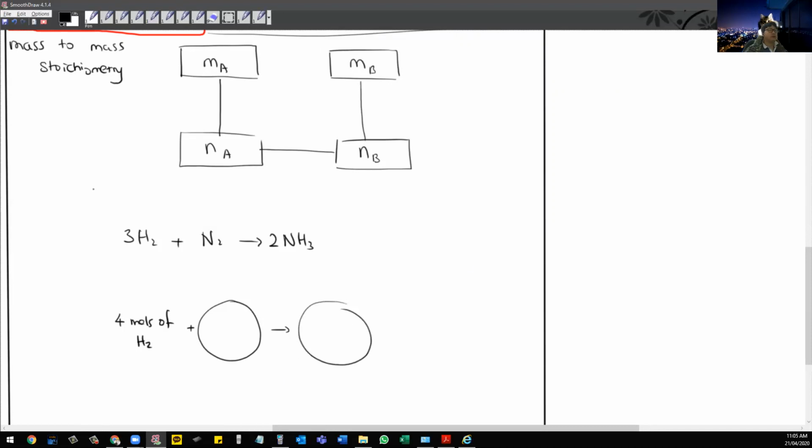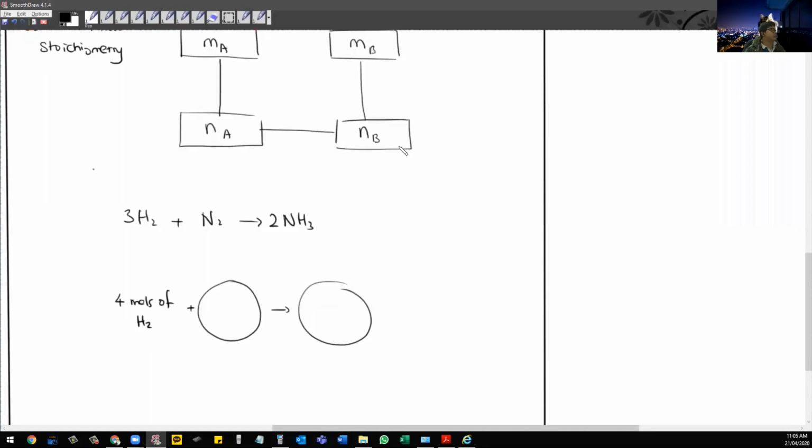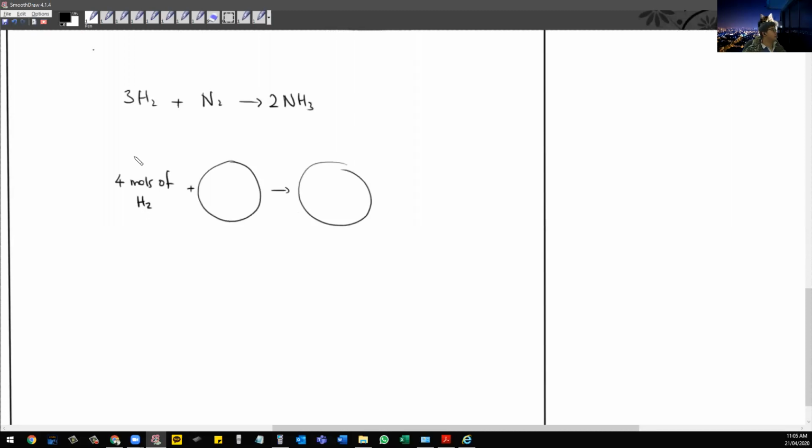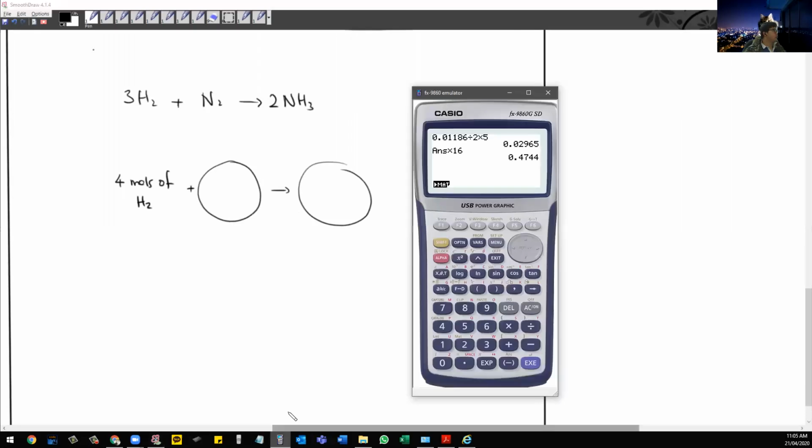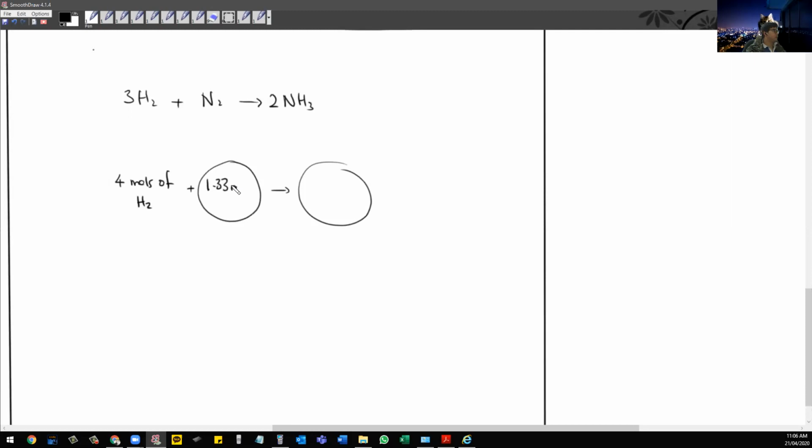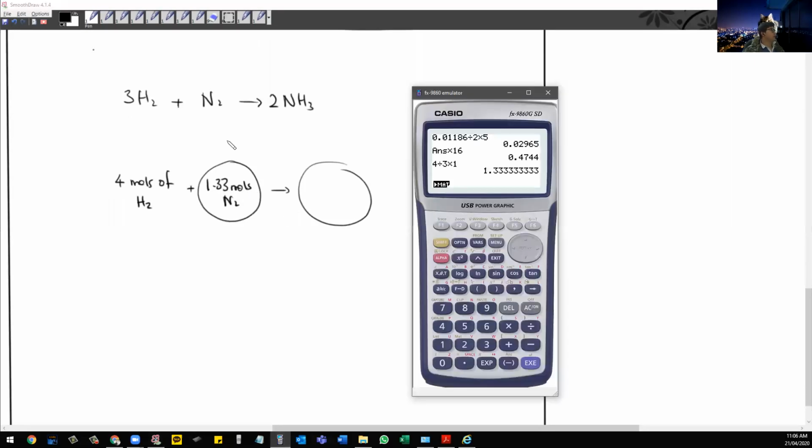Can you guys give it a go? So it's just all about the ratio 3, 1, 2, right? So you got to do 4 divided by 3 times by 1. Then you get 1.33 of N2. And that's 1 to 2, so just double that.